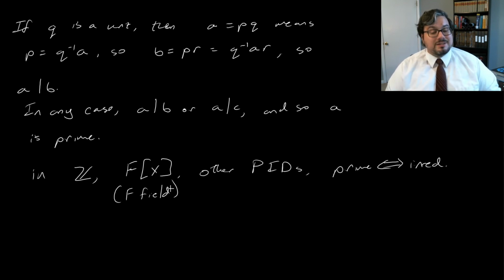If we aren't in those situations, we have to be more careful and make sure that we're making appropriate distinctions between prime elements and irreducible elements when we encounter them.